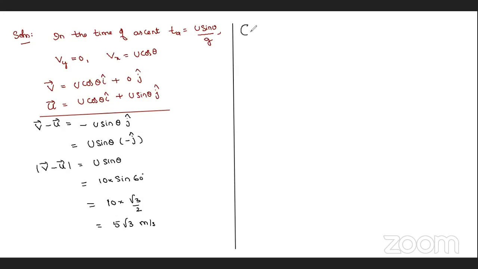Another concept here is not circular motion. Here also it is projection, but not from the ground level, but from the top of a building, from the top of a tower.